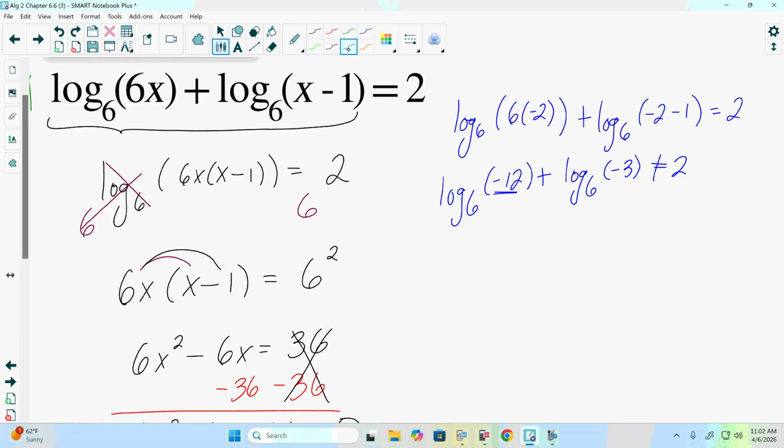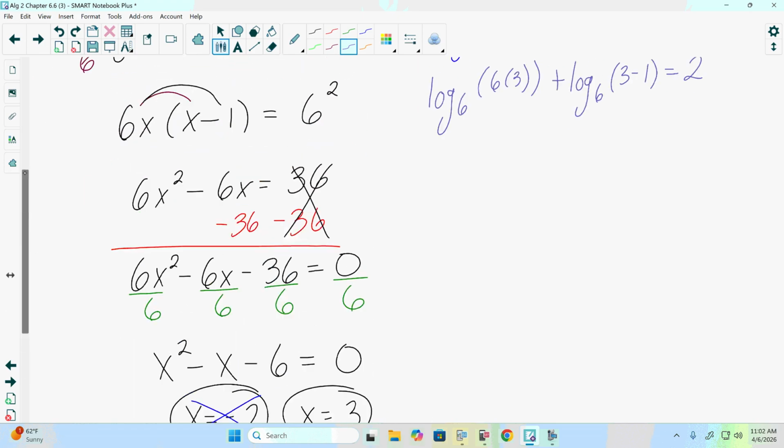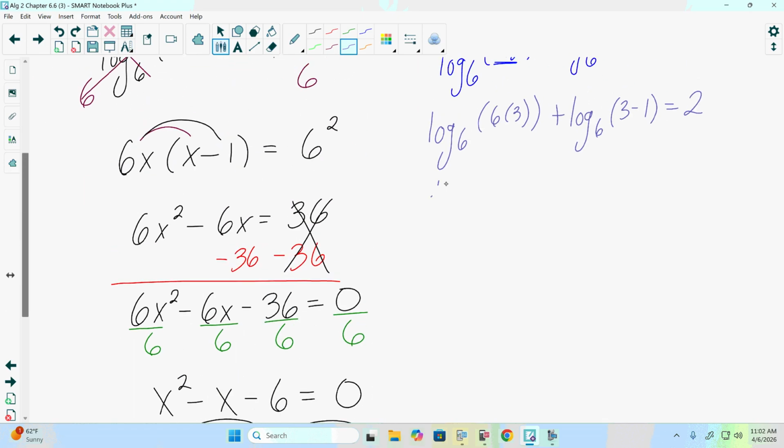If I tried this with 3, we'd have log base 6 of 6 times 3 plus log base 6 of 3 minus 1. Log base 6 of 18 plus log base 6 of 2.